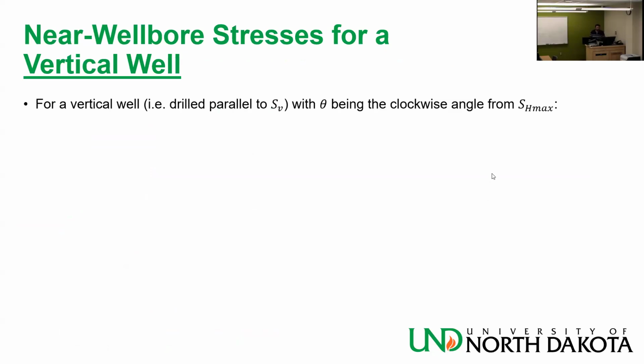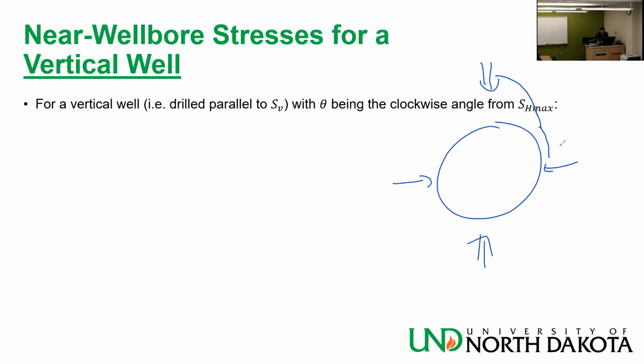Assume that it's a vertical well and taking the angle from SHmax to be theta. So if I'm looking at the well, like I said before, this is the well, this is SHmax, this is SHmin. The angle theta is clockwise from SHmax.